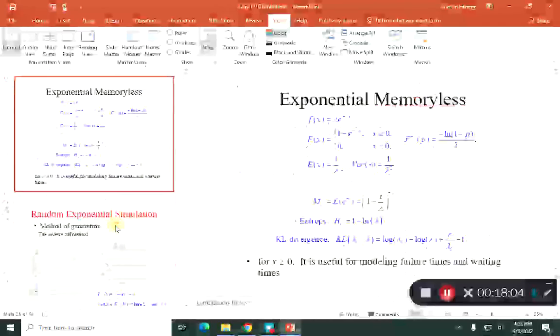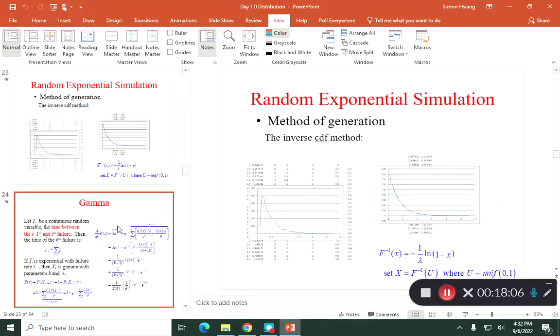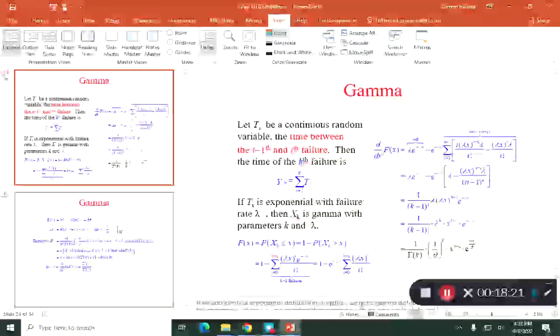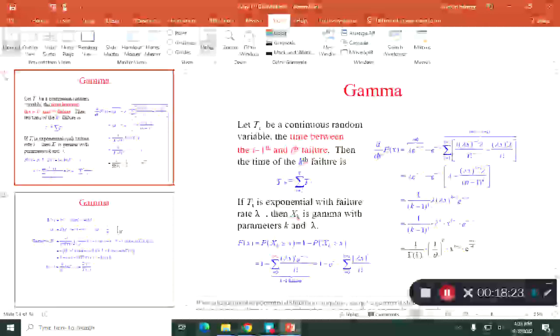Okay? Now, for gamma distribution, how many of you remember gamma distribution? Ever heard gamma distribution? Yeah? When did you have a gamma distribution? I don't remember what class it was called, but it was last semester.